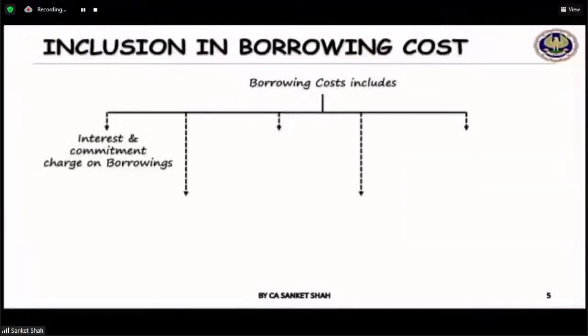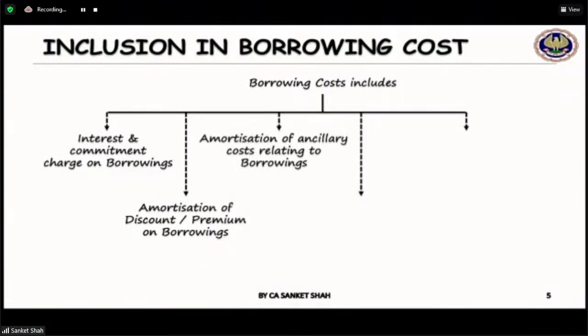You can see here, interest and commitment charge on borrowings, amortization of discount or premium on borrowings, amortization of ancillary costs relating to borrowings, finance charges for assets acquired on finance lease.